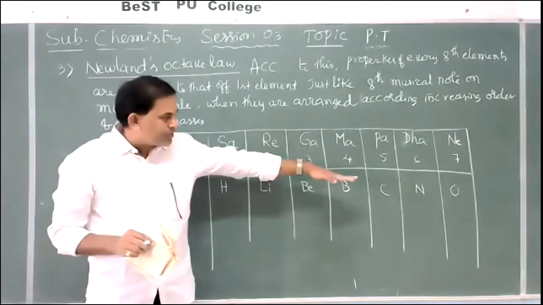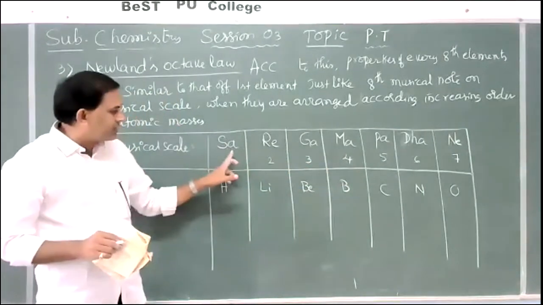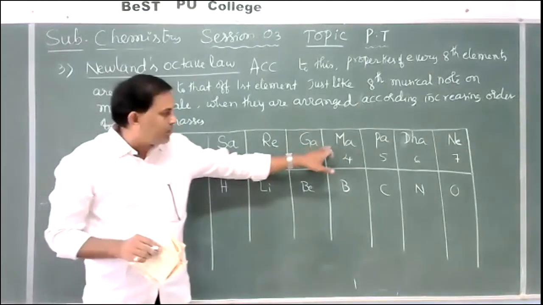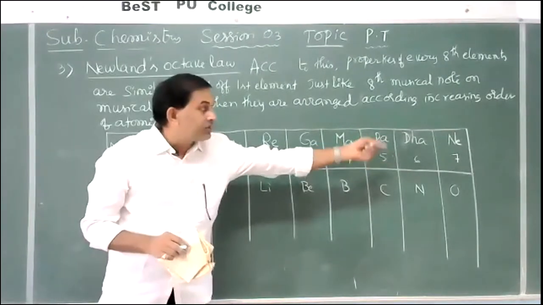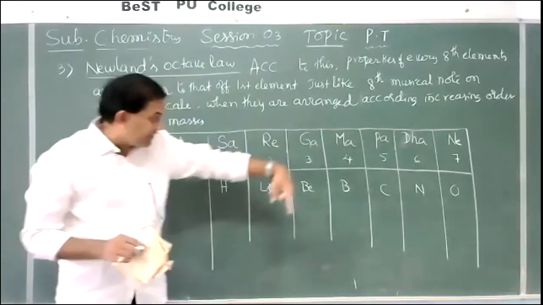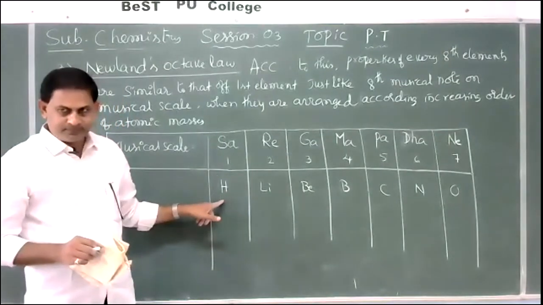They are arranged in increasing order of their atomic masses, just like sa, re, ga, ma, pa, dha, ni. After the 7th, the 8th element again repeats the properties of the first.